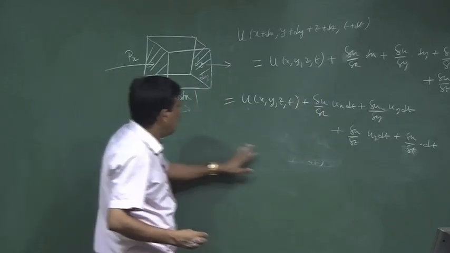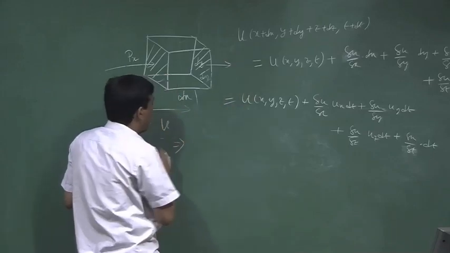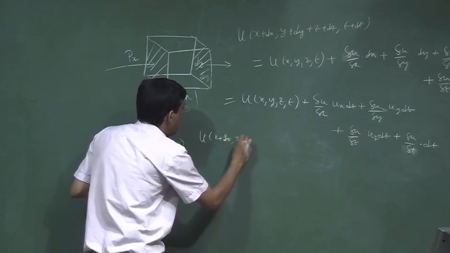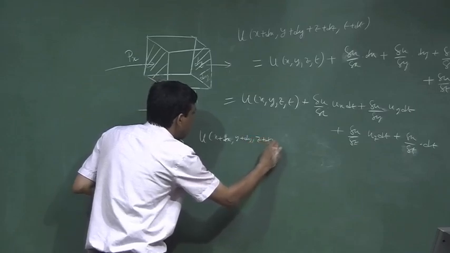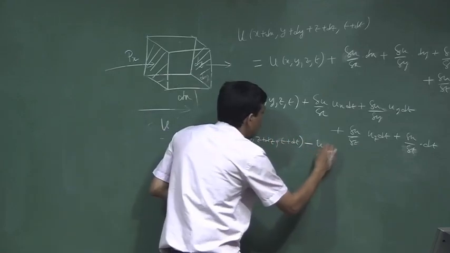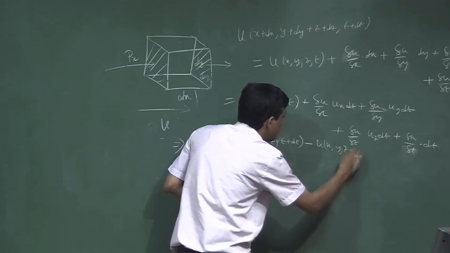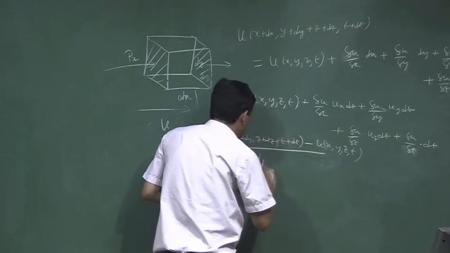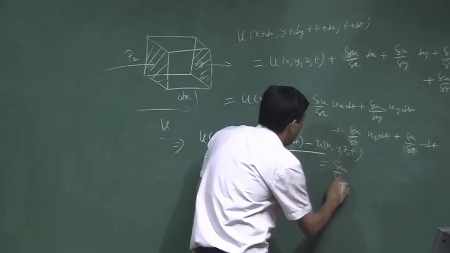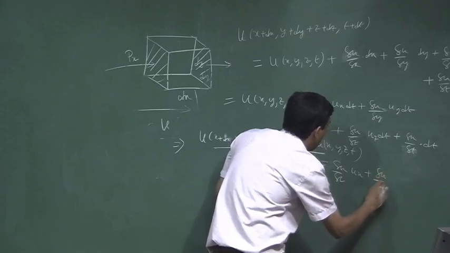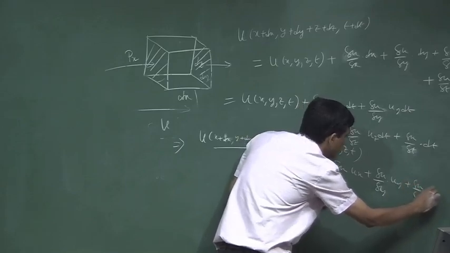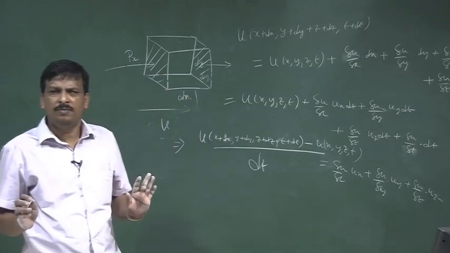Now I can write the same equation: u at x plus dx, y plus dy, z plus dz, t plus dt minus u at x, y, z, t, divided by dt, is equal to del u by del x ux plus del u by del y uy plus del u by del z uz. Okay? Simple.